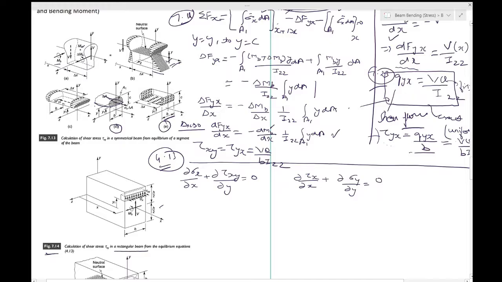These were the equilibrium equations, and clearly they were under certain conditions. Can you recall what those conditions were? It was a two-dimensional condition, so clearly it was a plane stress condition. That's why you have the z terms missing.